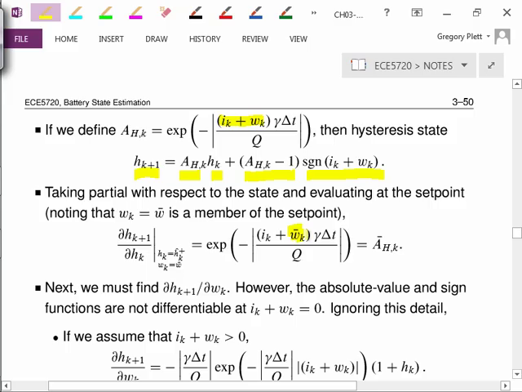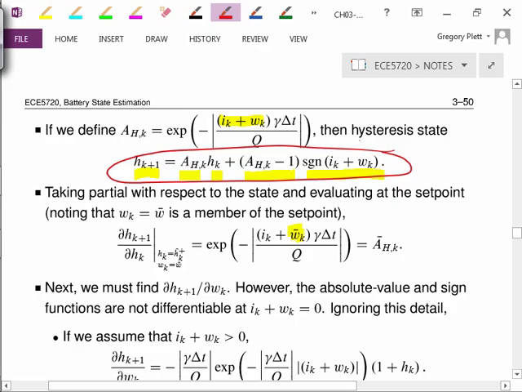And in order to find the B matrix, what I need to do is take the partial derivative of this expression with respect to W. Now this is actually somewhat tricky. This AH is a function of W, so I need to take that into consideration, and so is that AH. I need to take derivatives of both of those.